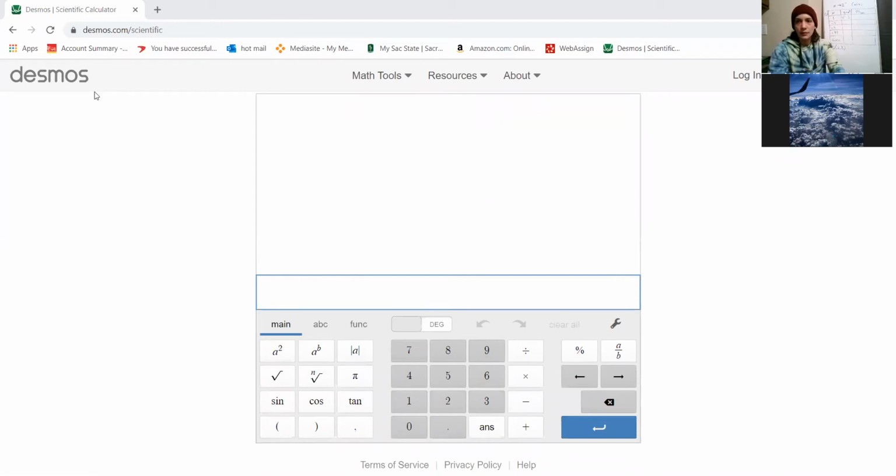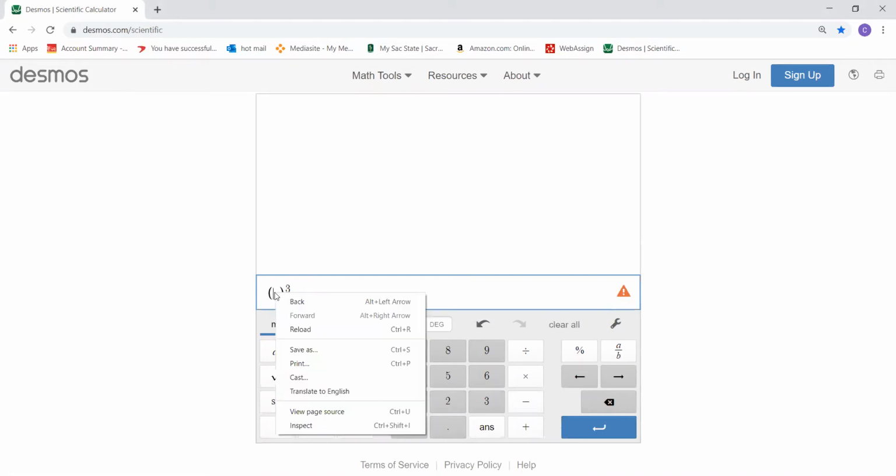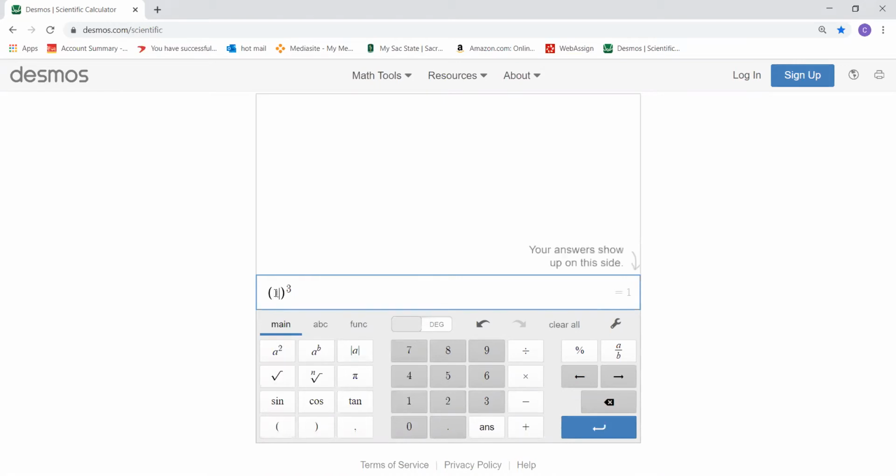Okay, so we're putting in numbers and cubing them. First number we're going to put in is 1, and you get out 1. I'm going to fill in my table, and we'll check back in a second what all the outputs were.